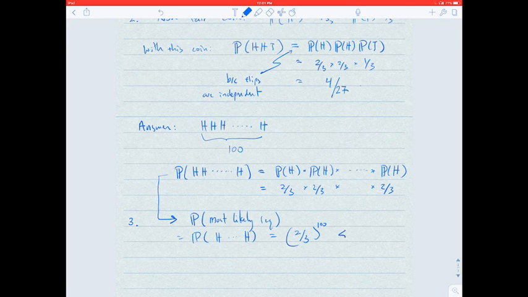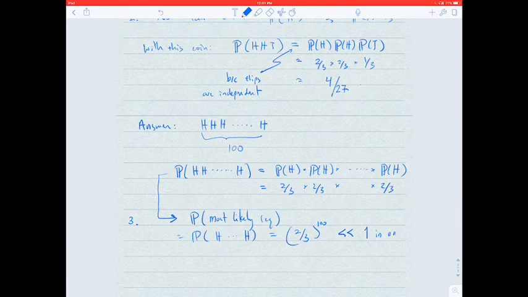This, in fact, is much, much less than 1 in a million. It's about 2.45 times 10 to the minus 18. So it's much less than 1 in a million, much less than 1 in a billion, much less than 1 in a trillion.